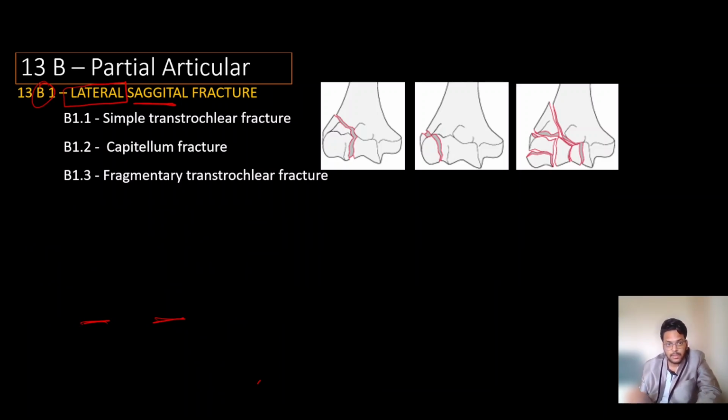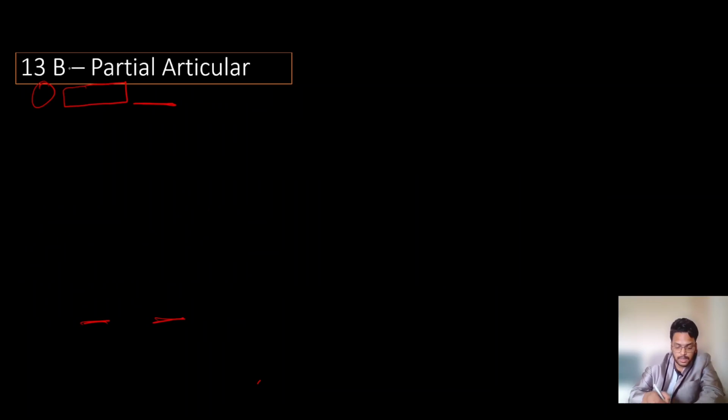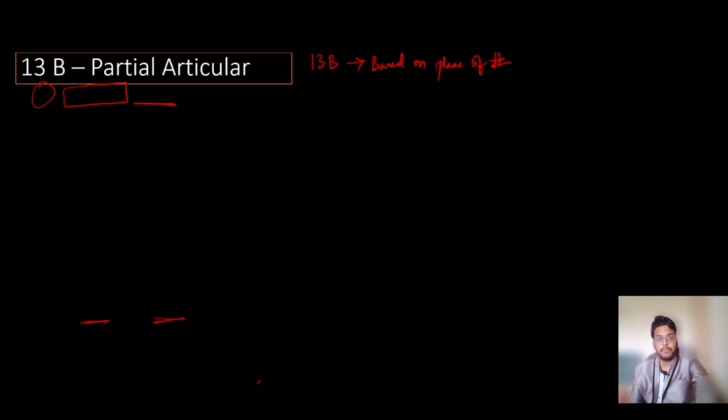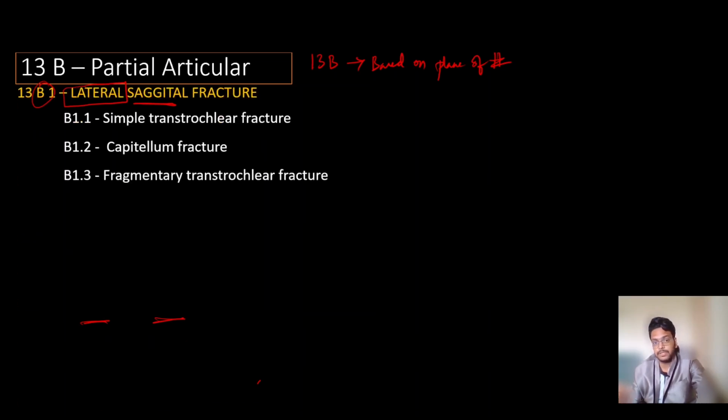So 13B, you divide based on the plane of the fracture. You divide 13B partial articular fractures into planes of the fracture. If it is lateral sagittal, it is B1, medial sagittal B2 and coronal plane B3.